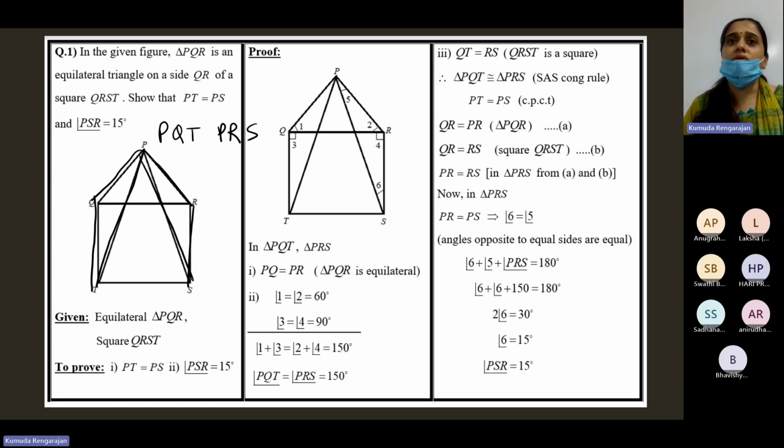So you can talk about these sides. These three sides of the first triangle and these three sides of the second triangle. No other line segment you can use. Nothing else is relevant. If you want to say that a side of the first triangle is equal to a side of the second triangle, you should say one of these. Simply writing some line segment is equal to some line segment is not relevant.